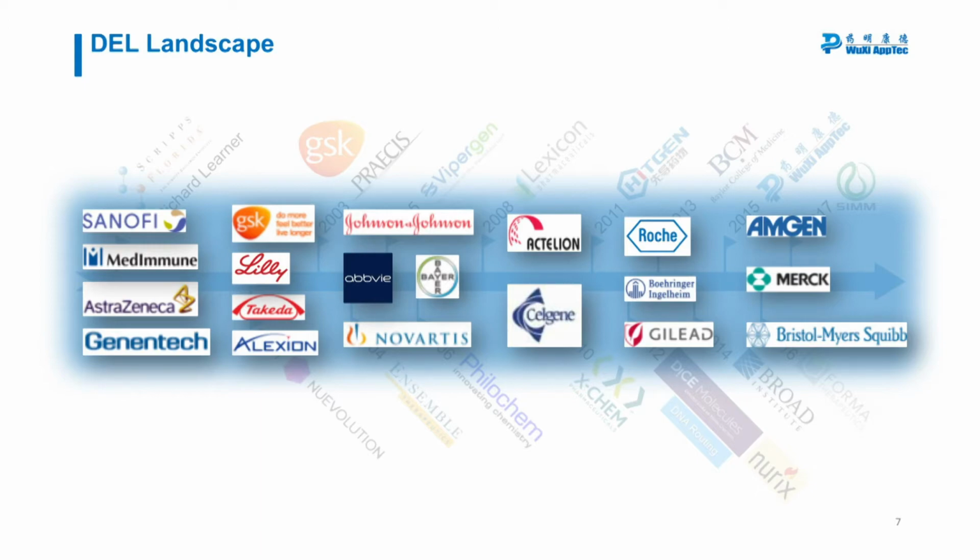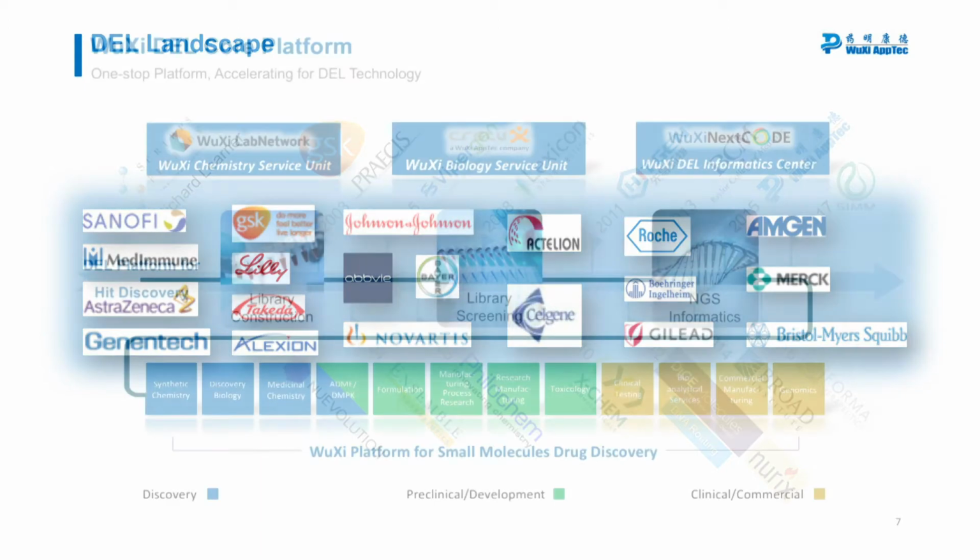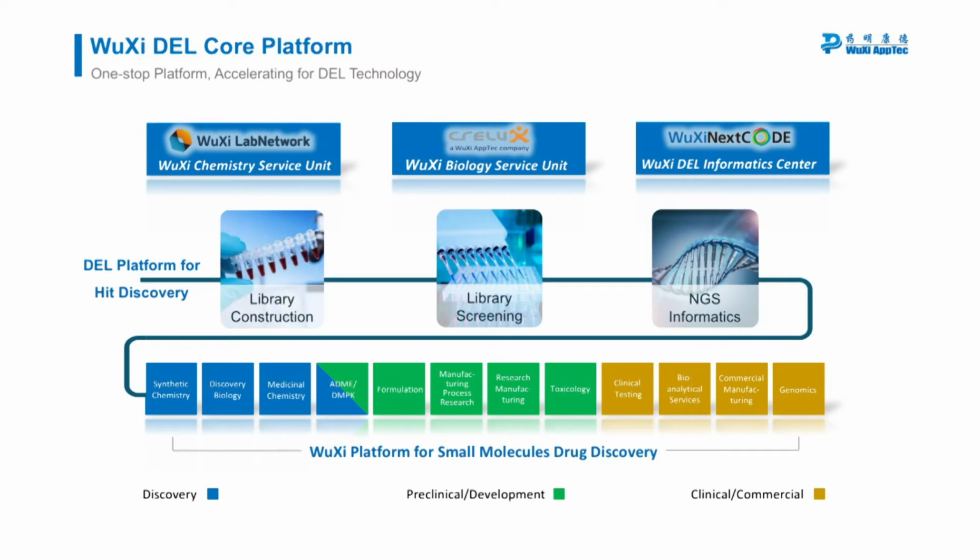At WuXi, we also believe that the DNA encoded library can serve as one of the initiating points of drug discovery and can be included in our service. Our vision is to provide a DEL platform for hit discovery, offering library construction, library screening, and next-gen sequencing informatics.